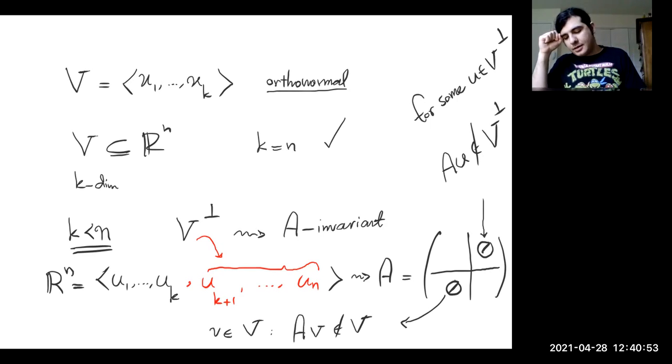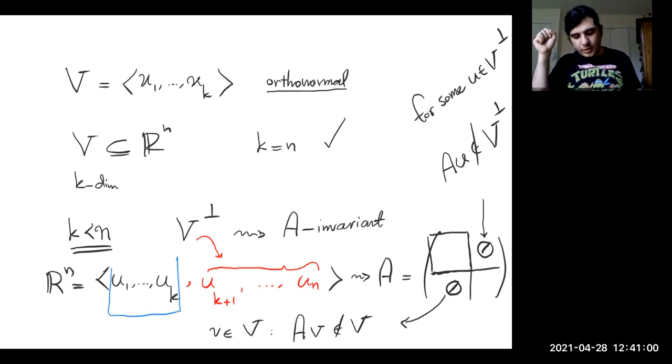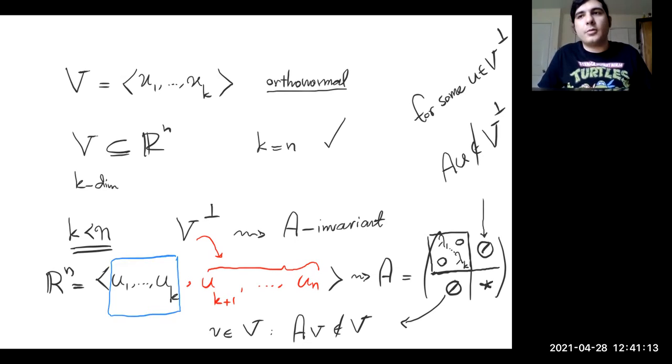This block corresponds to this part of the basis, U1 up to UK. And in that part, the matrix A is diagonal. So we would have lambda 1 up to lambda K, and the rest are 0. What about the rest? Well, if I just want to say it in one sentence, you can for sure make it a little more rigorous: the assumption of induction applies.